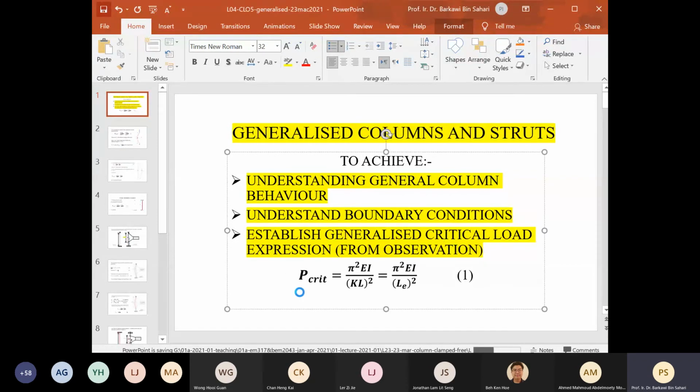Okay, so the critical load, P critical, is represented by an expression: P crit equal to pi squared EI over K, a factor, multiplied by L square. And K multiplied by L is what we call effective length square. So it is easier to remember.